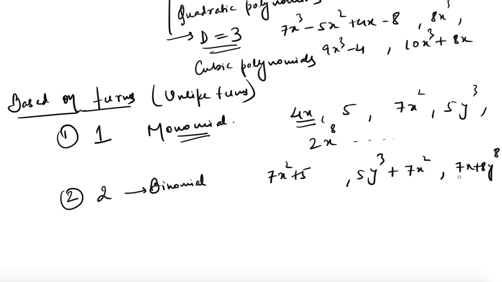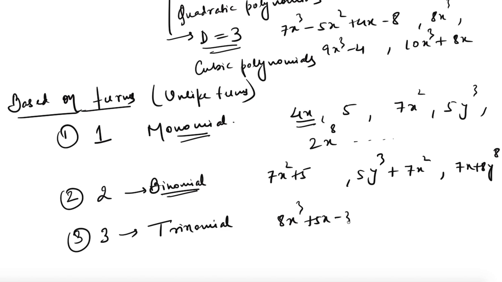All of these polynomials have two unlike terms, hence they come under the category of binomial expressions. Third, if the total number of unlike terms is 3, then it is known as a trinomial. For example, 8x cube plus 5x minus 3, 4y cube plus 7 plus 6x, all are cases of a trinomial.